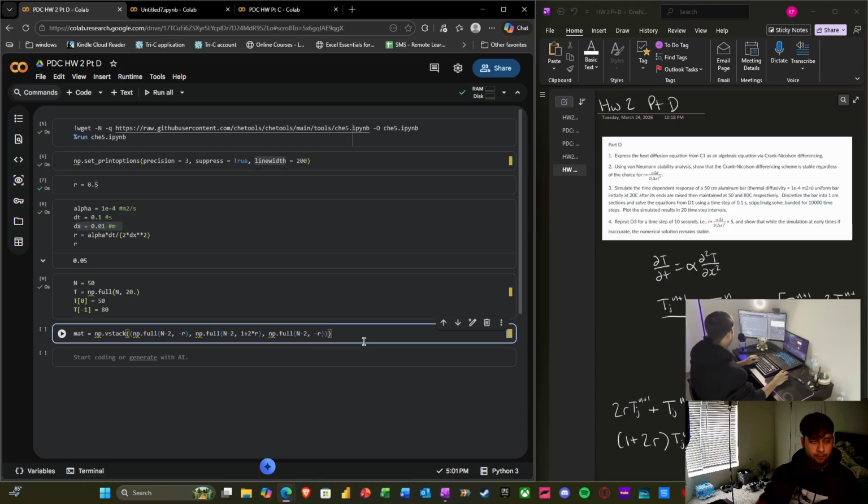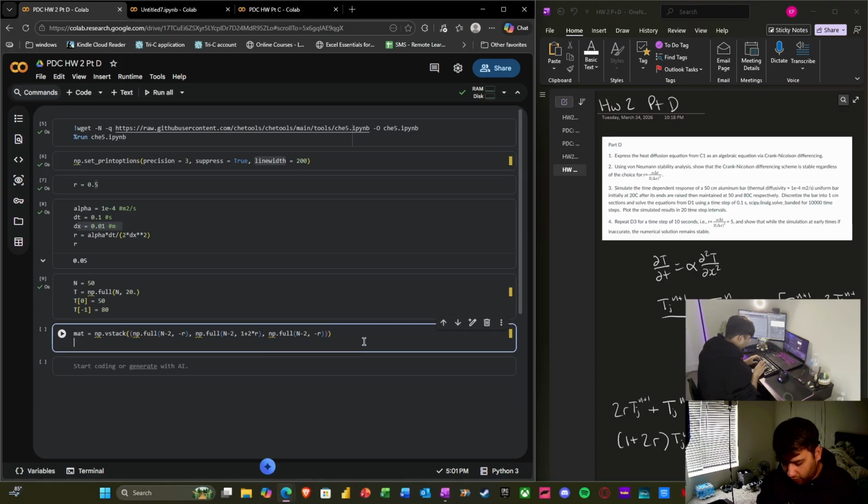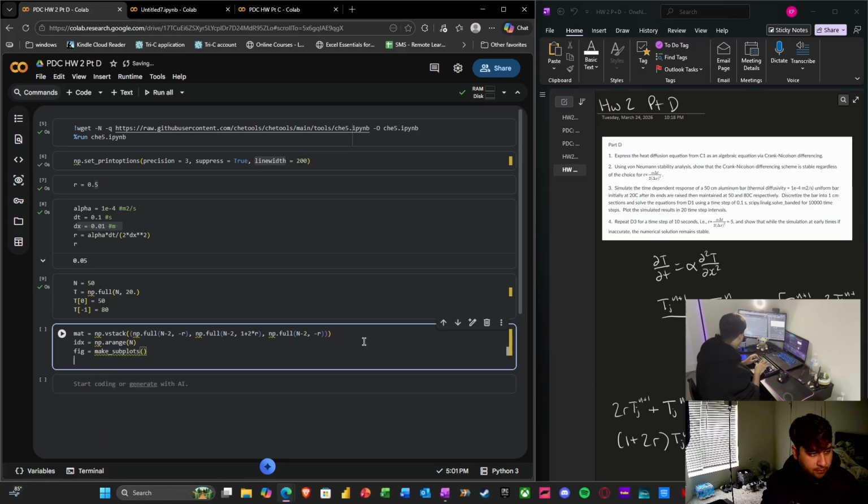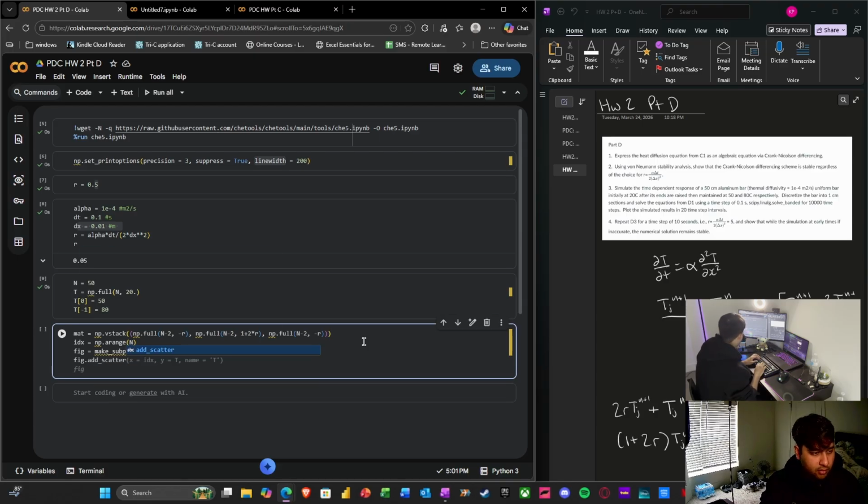Okay, there we go. And then we're going to do something similar to what we did in part C, where this line of code is basically going to be pretty much the same. np.arange(n), and then fig equals make_subplots, and then fig.add_scatter.